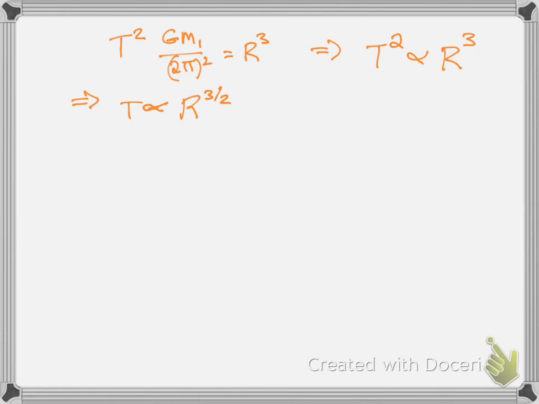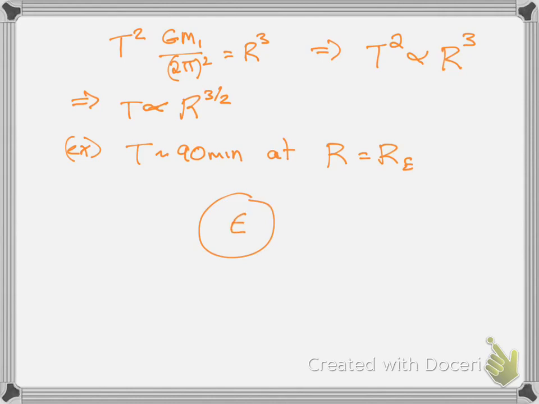Let's ask a question like we talked about, how the period of rotation at or near the Earth's surface is about 90 minutes. So, for example, T is approximately 90 minutes at a radius of about one Earth radius, if we're orbiting the Earth, like the space station orbiting the Earth.